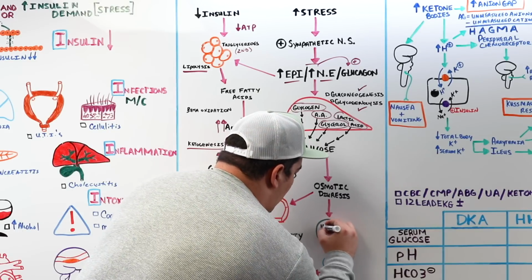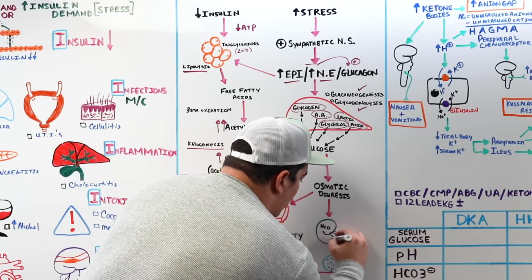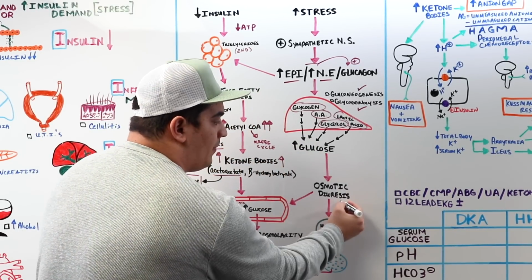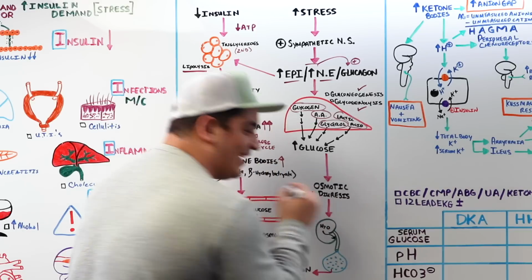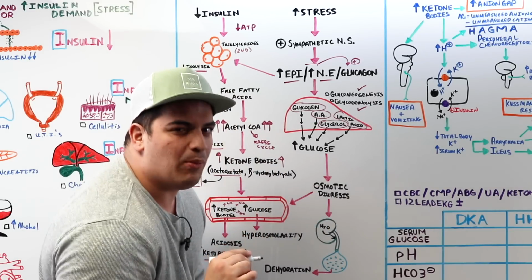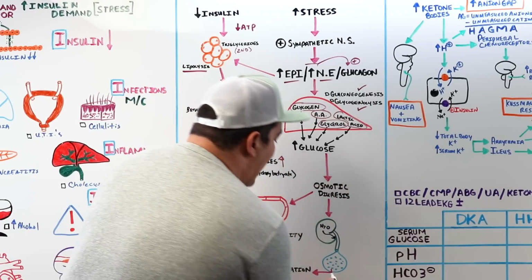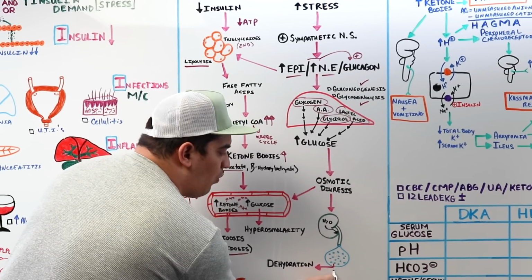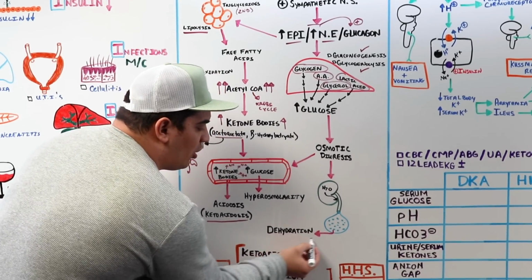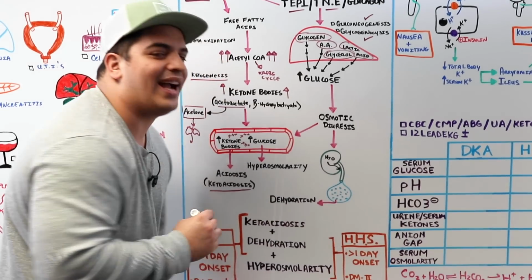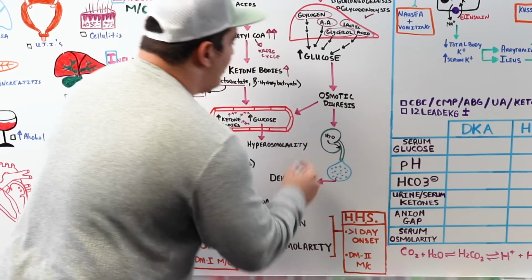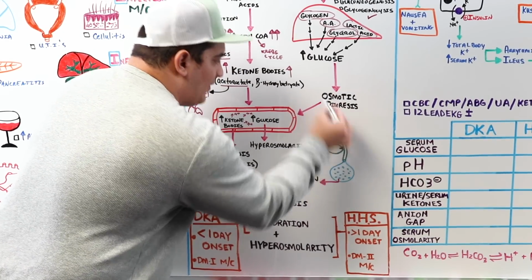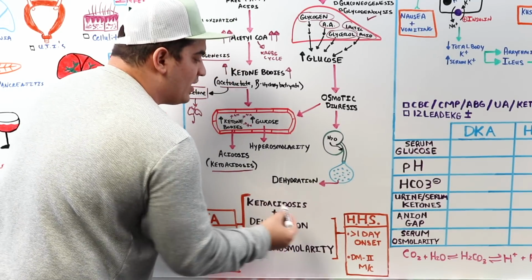And as we draw water out into the urine, what is that process called? Osmotic diuresis, and it can also pull sodium with it too, which will come in later. As we just diurese tons of water and sodium out into the urine, what can that lead to? Dehydration.